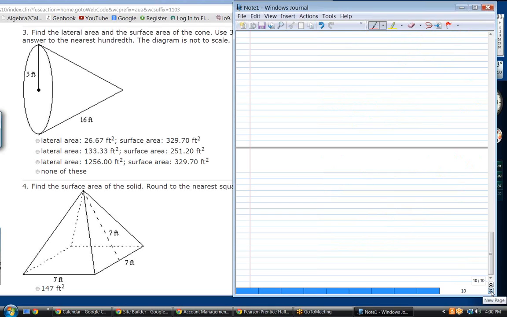Find the lateral area and the surface area. Let's do lateral area first. What's the formula for lateral area of a cone? Pi r L plus pi r squared? No, not the lateral area. The lateral area is just that. Is it pi r L or 1/2 pi r L? I don't know, I'm going to have to look it up.